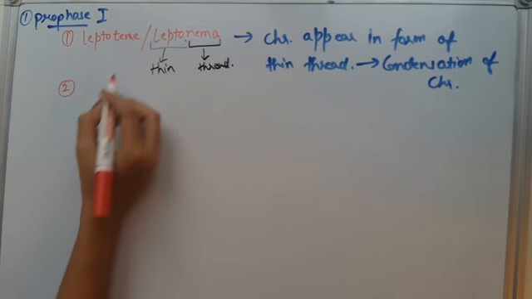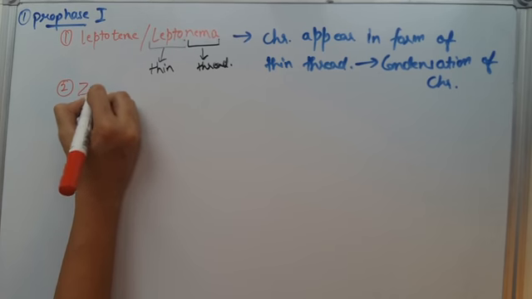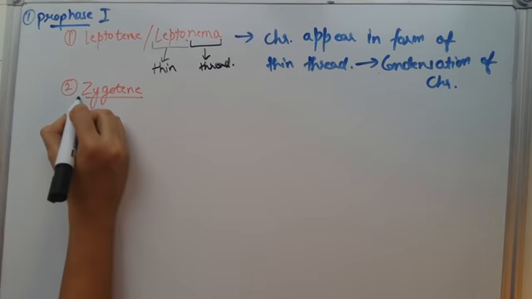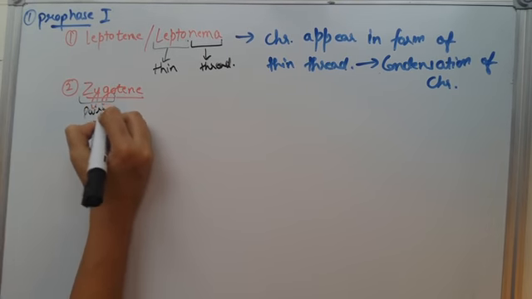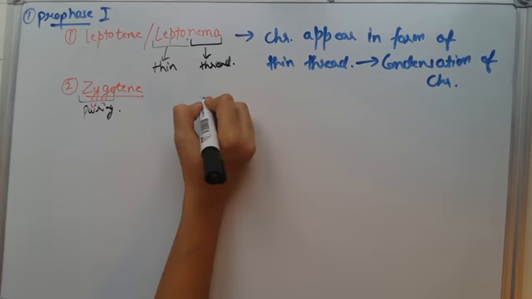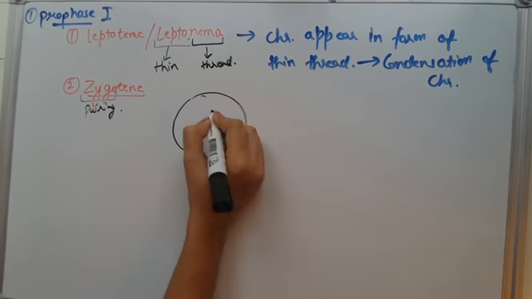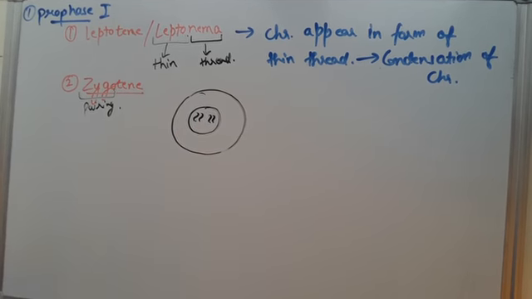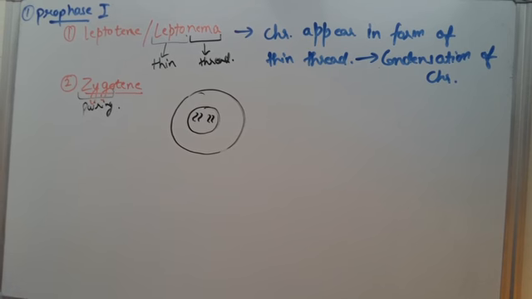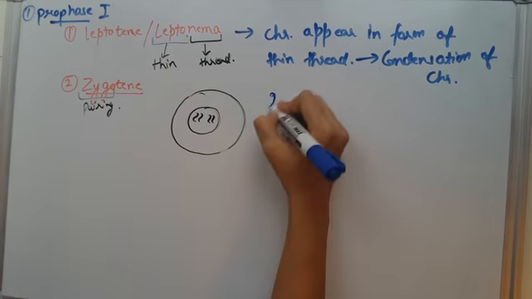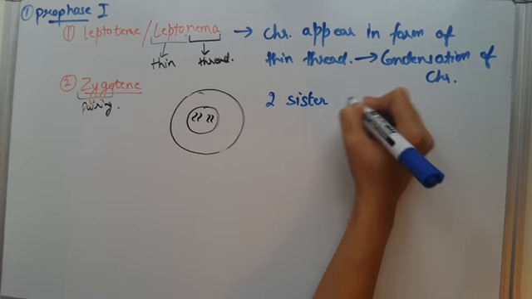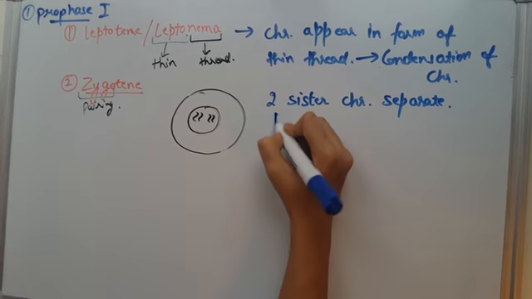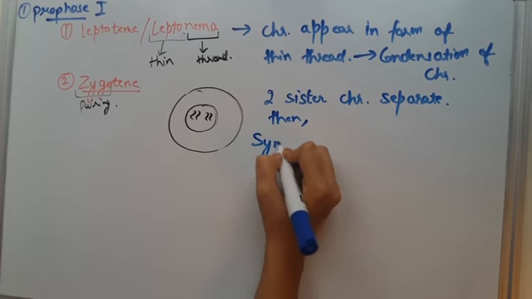The second stage of prophase 1 is zygotene. Zygo means pairing. So here in a cell, two sister chromatids separate and then synapsis occurs.